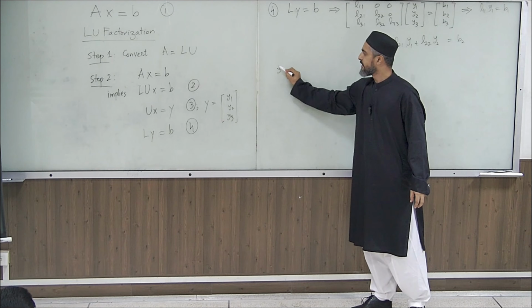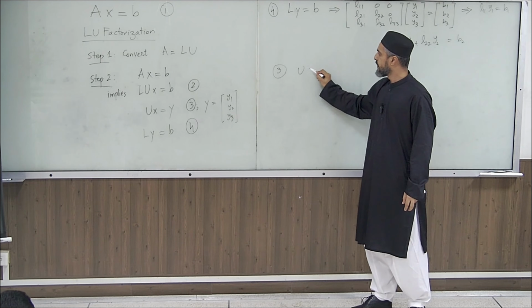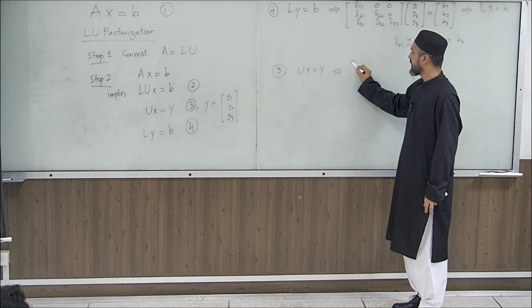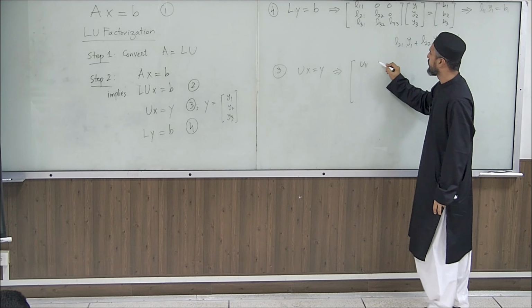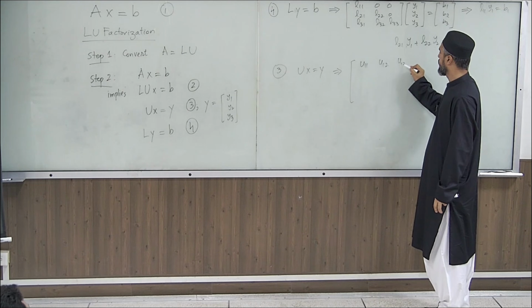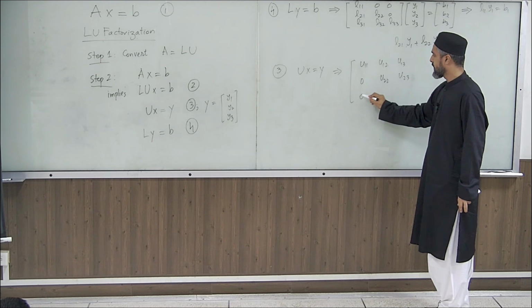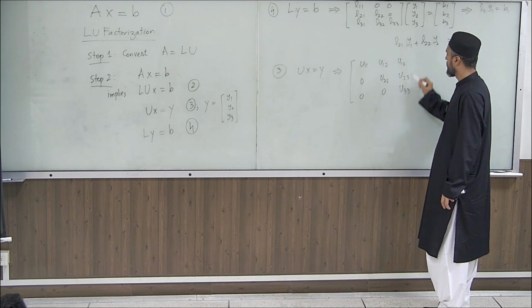So what does 3 say? 3 says Ux equals y. What is U? U is the matrix u11, u12, u13, 0, u22, u23, and then this particular matrix.